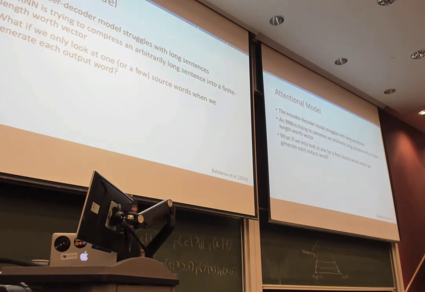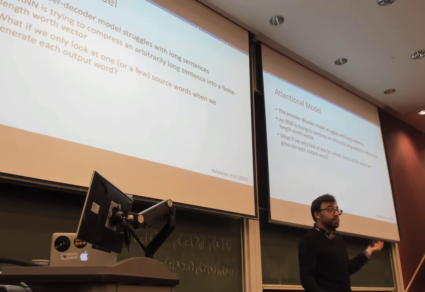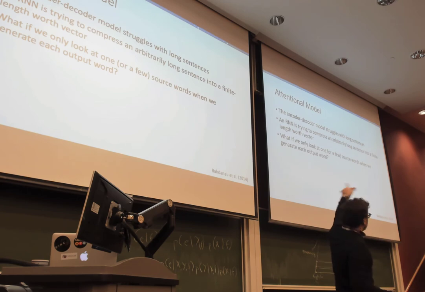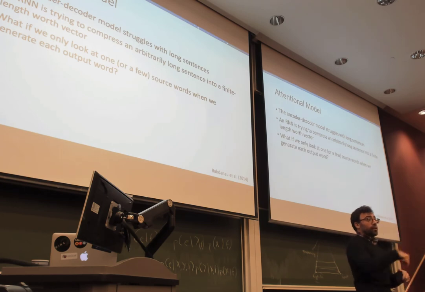So another breakthrough that came just a year later was attention. And now the idea is exactly because the encoder-decoder struggled with long sentences, and essentially one of the reasons was that compressing the meaning of a whole source sentence into a single vector was not optimal.